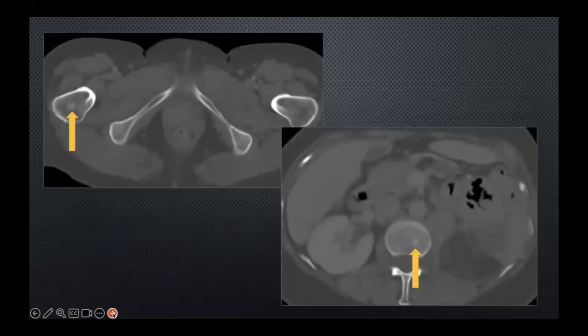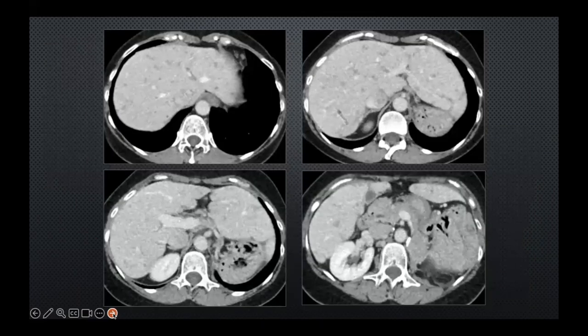Then we also showed you the entire rest of the CT, and those that have reviewed the imaging hopefully would have picked up some foci of sclerosis within the bones. Then we wanted you to focus on the liver, where in these selected images we have multiple low density lesions, most of them less than a centimeter or less than 5 millimeters in size.